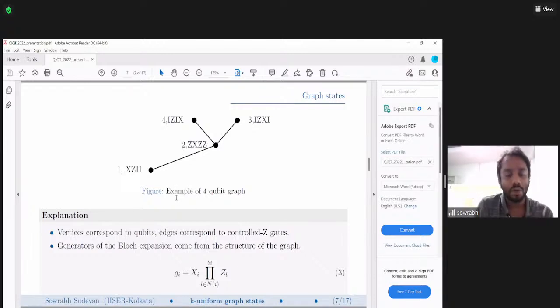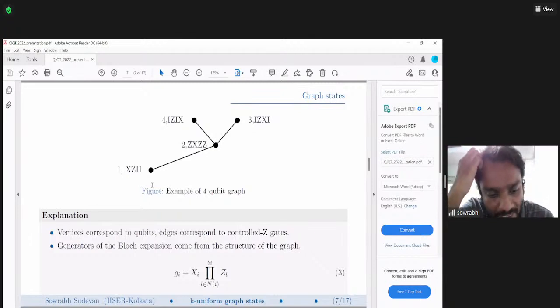The figure. Okay. So you have numbered these vertices as 1, 2, 3, 4, and you want to write down 4 generators. I'm claiming that this diagram corresponds to a particular pure state, and that pure state is a stabilizer state.